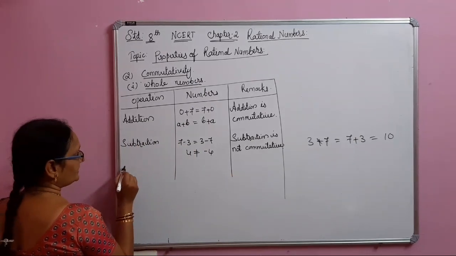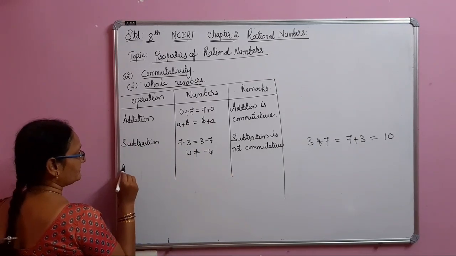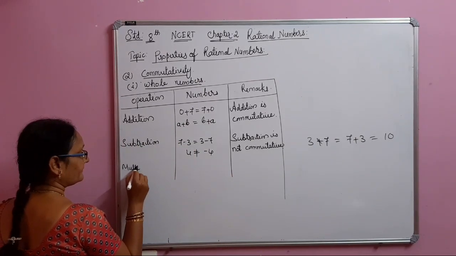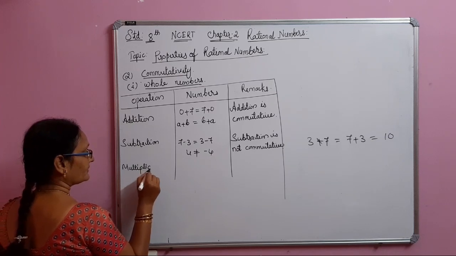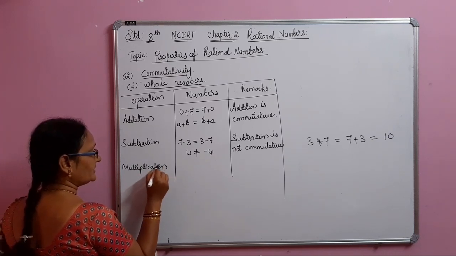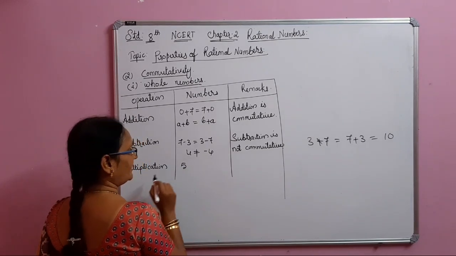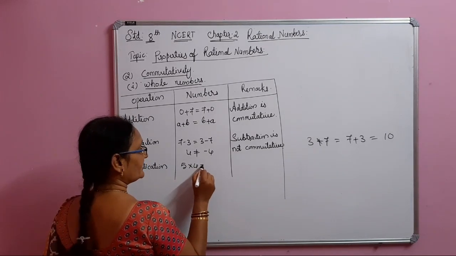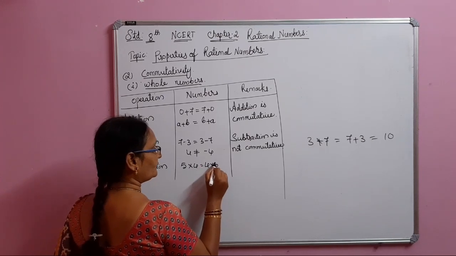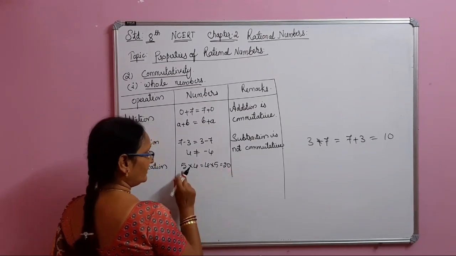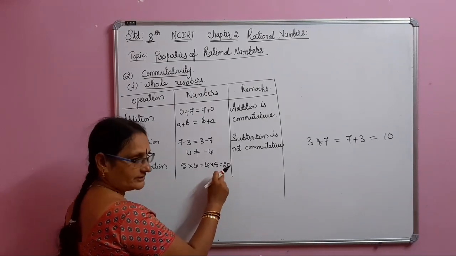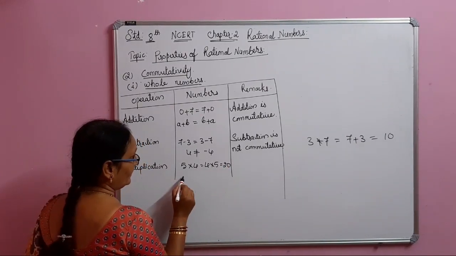In the same way, the next operation is multiplication. What is the third operation? That is multiplication. See here, I will take one example. 5 into 4 is equal to 4 into 5 is equal to 20. 5 4s are 20, 4 5s are 20. That means in general, how can we write?